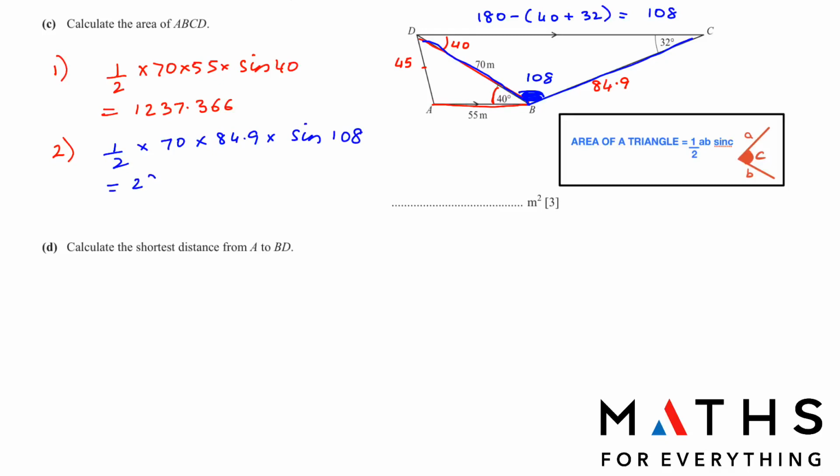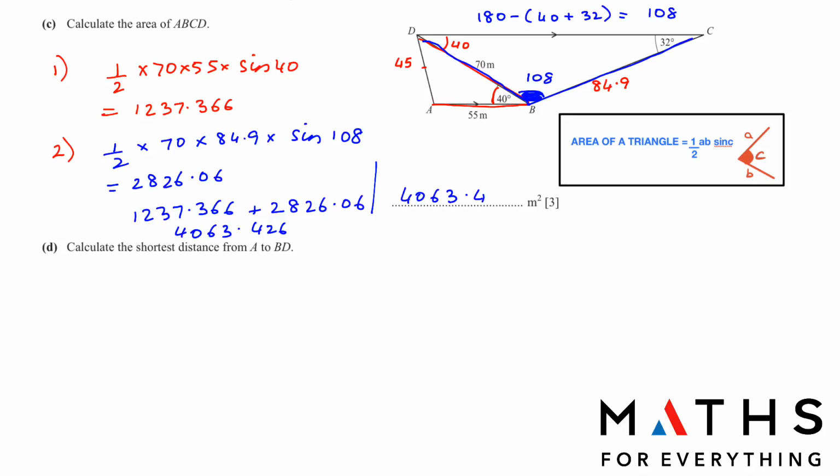This is 2826.06. Now add them both together. I took an extra decimal here just so that the rounding will be okay. And we got the answer 4063.426. You can round it or you can write it to one decimal. Both are fine.